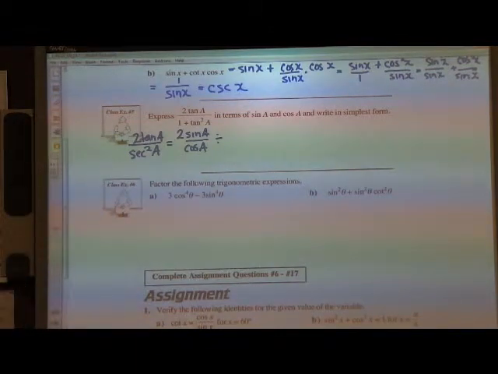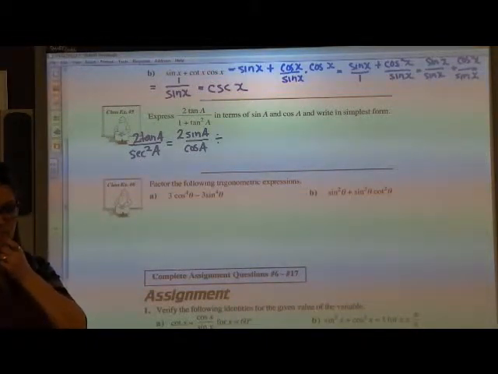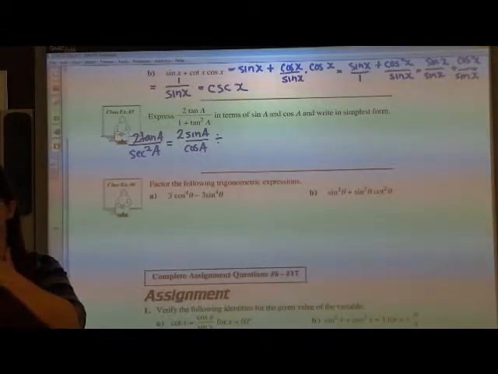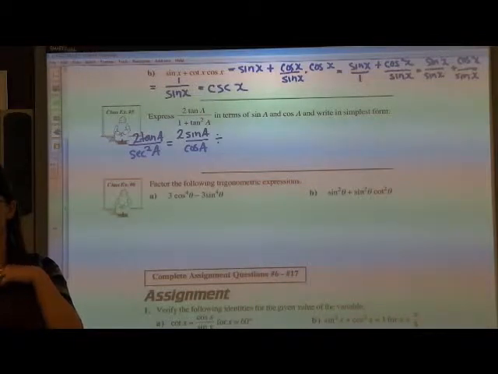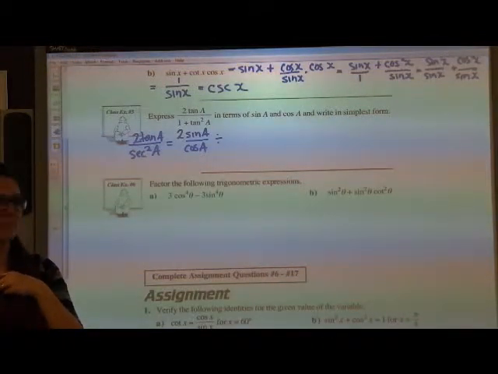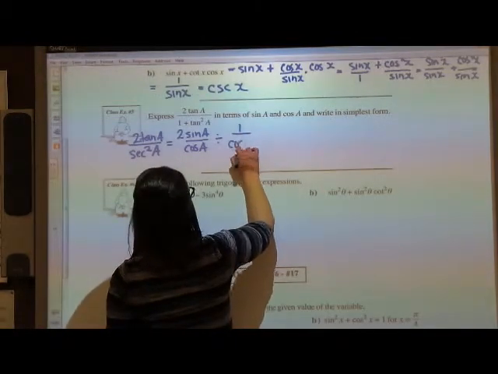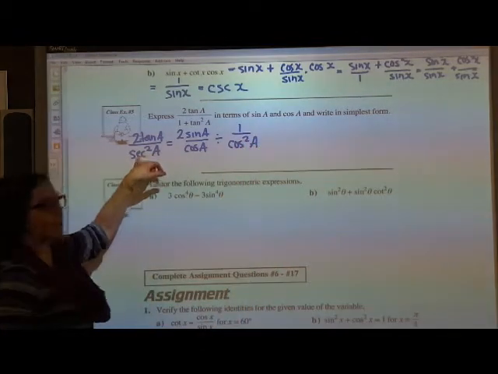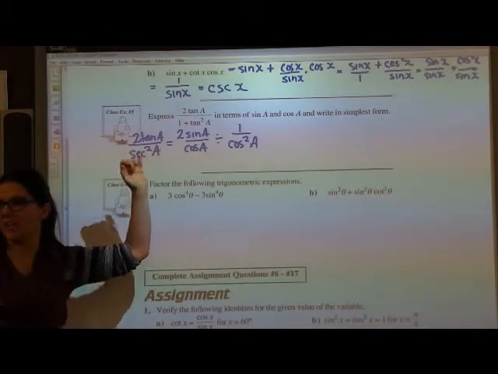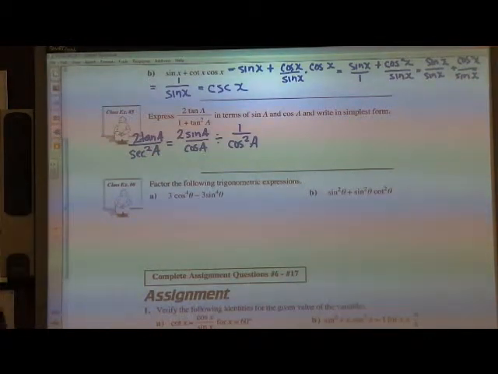And what can I write secant squared a as? One over cos. So this becomes 1 over cos squared a. If I have secant squared a, I can rewrite it as 1 over cos squared a.